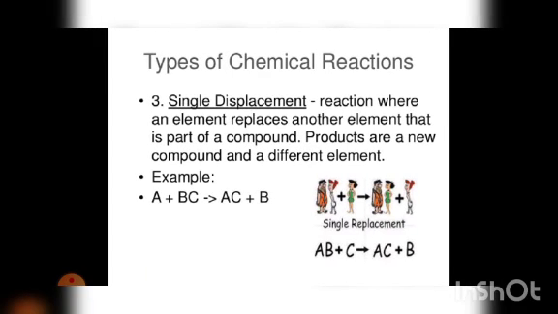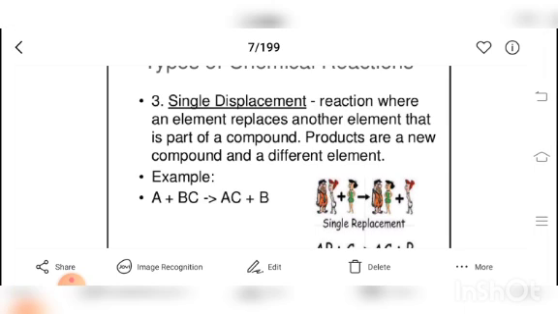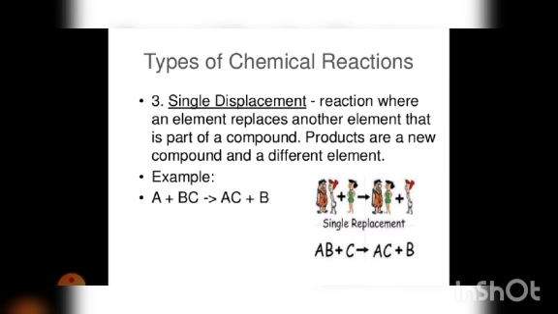So the third type of reaction is single displacement reaction. Displacement reactions have two types, single displacement and double displacement. In single displacement, one element displaces the other element from a group. You can see the definition over there. The reaction where an element replaces the other element that is part of a compound.